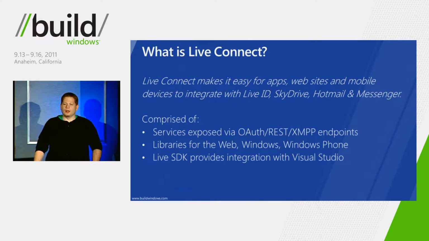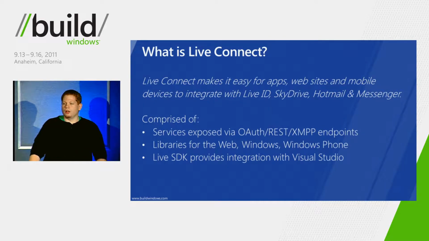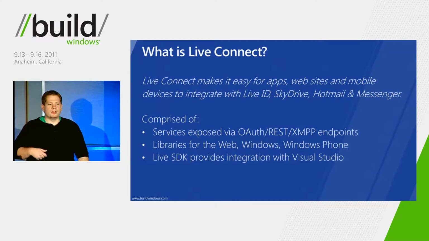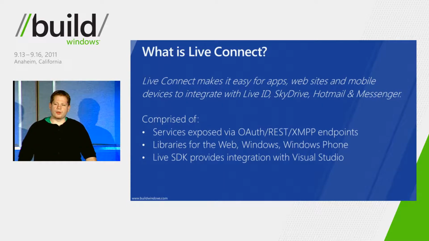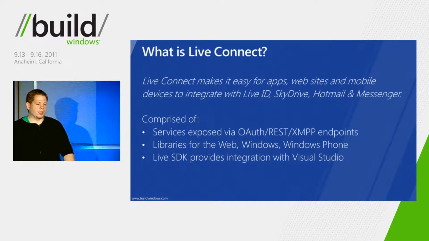We also have a GitHub repository with a bunch of code samples for iOS, Android, and Windows desktop. So if you aren't targeting one of the platforms we have a library for, we've got code to get you up and running.